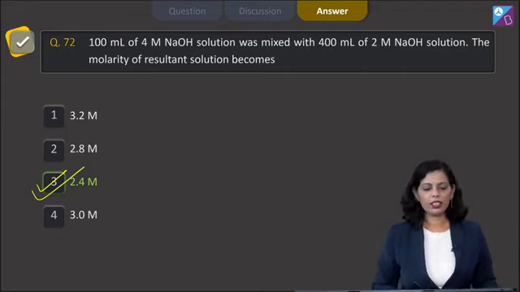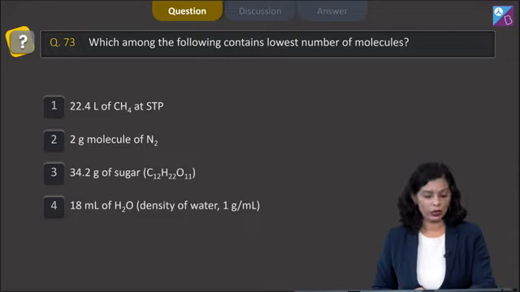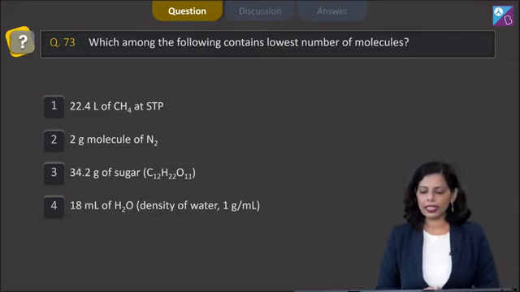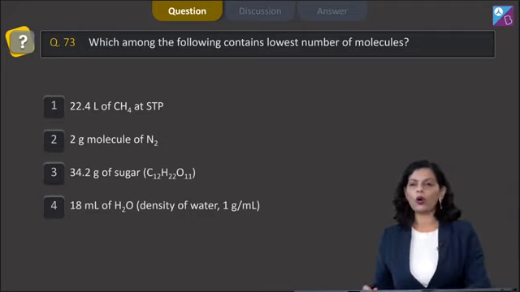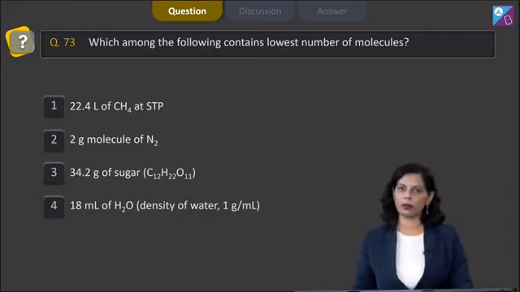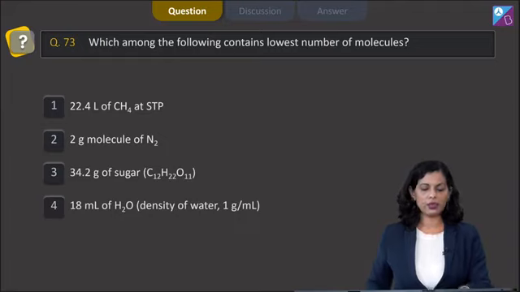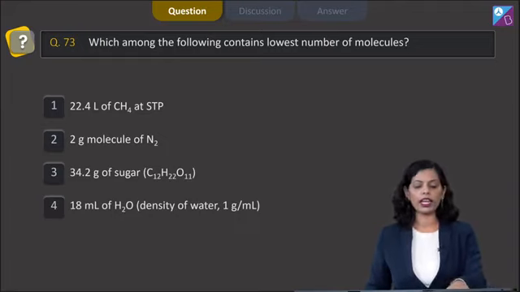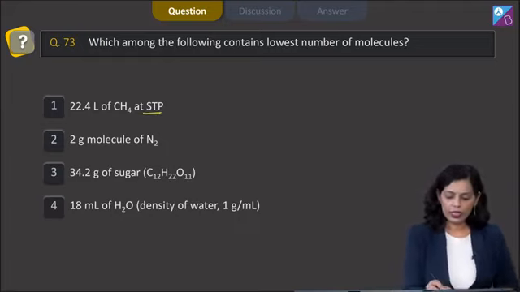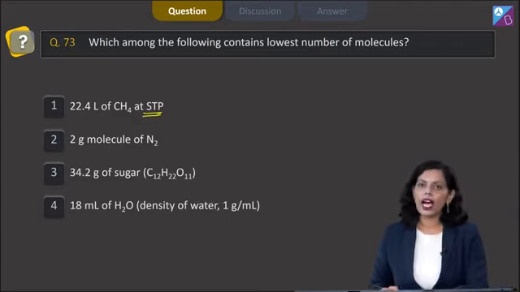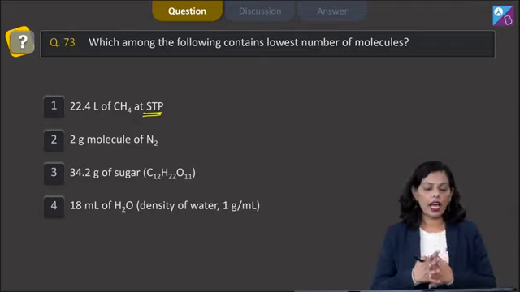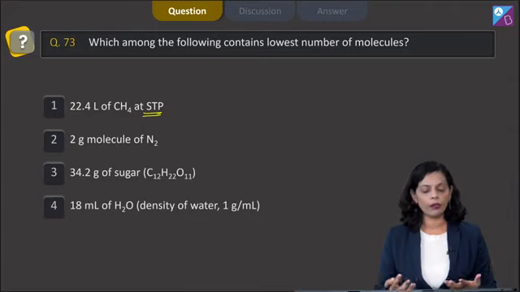Okay? Now, question number 73. Which among the following contains lowest number of molecules? So, once again, all the options we need to check for such type of questions. First option states 22.4 liter of methane at STP. So, whenever standard temperature and pressure is there, an ideal gas would have the volume equal to 22.4 liter.